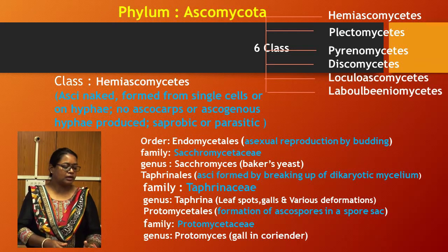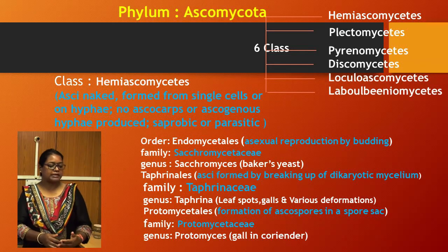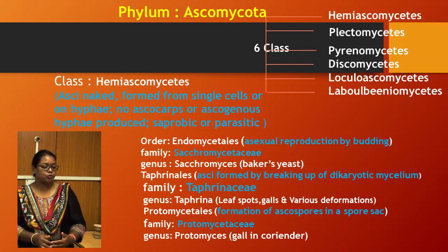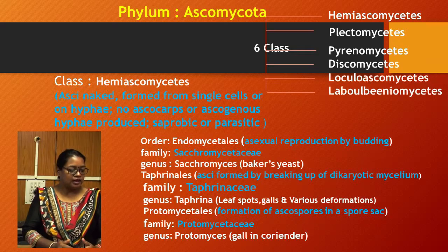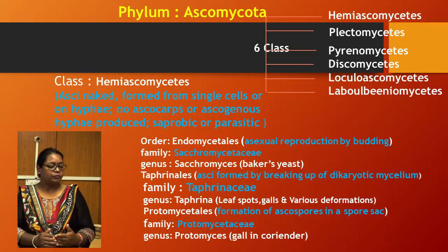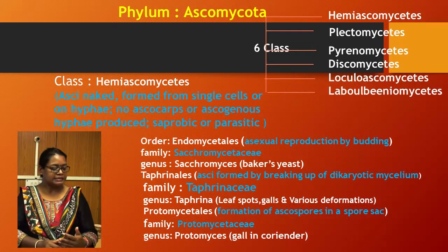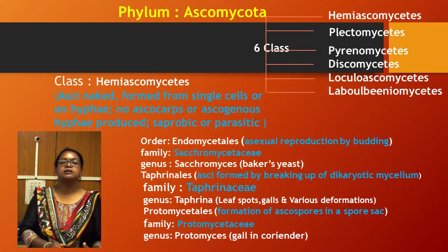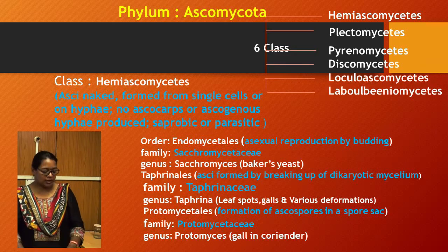And the last order is Protomycetales. In Protomycetales, the ascospores are formed in a spore sac. The order Protomycetales contains the family Protomycetaceae, having the genus Protomyces, which causes galls and deformities in coriander.